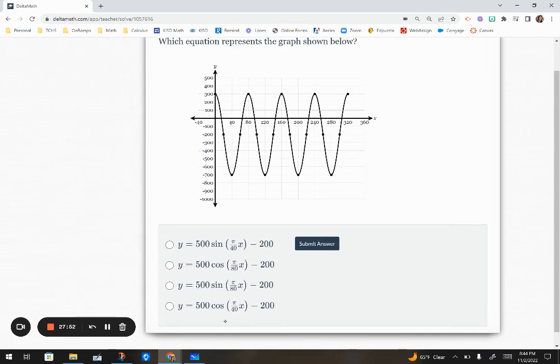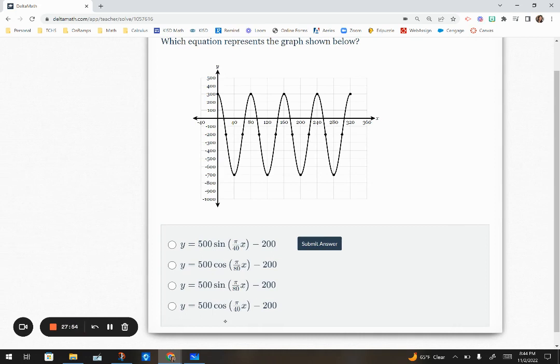So if you picture that 200 line, you're going to notice that the first point started above 200, negative 200 at 300. And so we know for sure it's going to be a cosine graph. So it has to be either the second or the last one. And then you have to find your B value between the second and the last one.